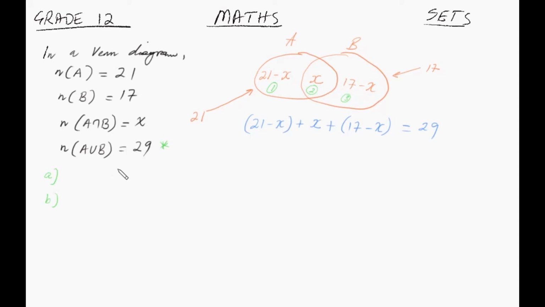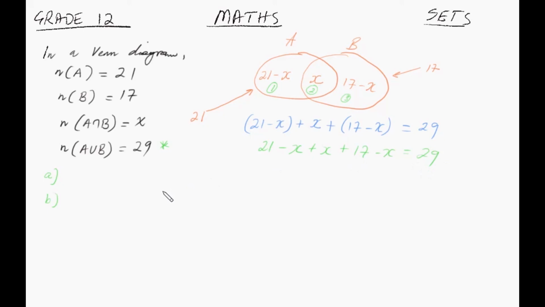The question says hence solve for x. That means we have written the equation, now we need to solve for x. So 21 minus x plus 17 minus x is equal to 29.